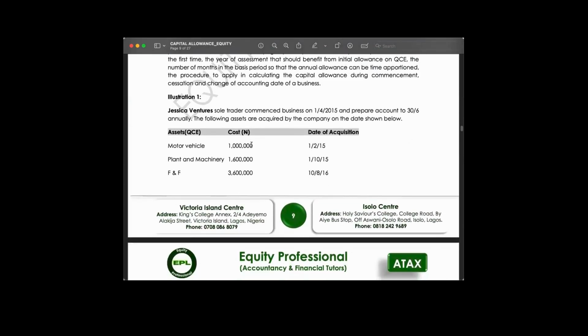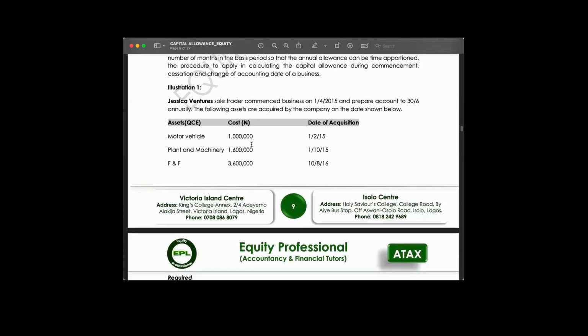Now let's look at illustration number 1. In this illustration, we have Jessica Venture, a sole trader, who commenced business on 1st April 2015 and prepares accounts to 30/6 annually.